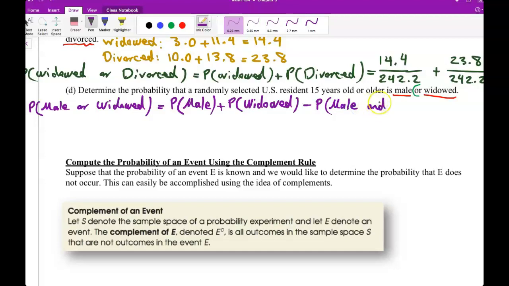Once again, when we have intersection, there is and in between. When we have union, it's or in between. And number of outcomes was 242.2 for all of these.